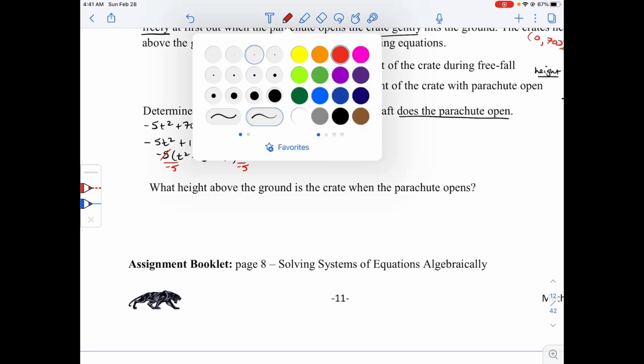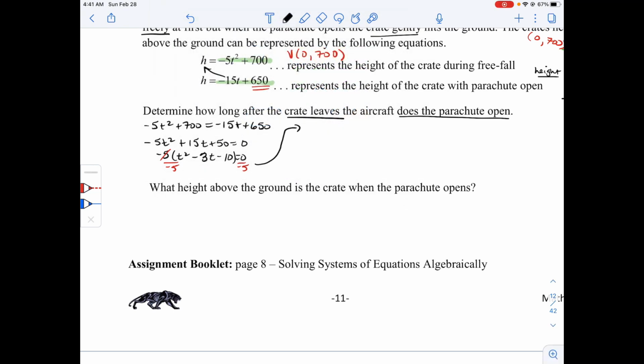So we're really factoring t squared minus 3t minus 10. Factors of negative 10 that add up to negative 3 are negative 5 and positive 2. So t is equal to 5, and t is equal to negative 2.